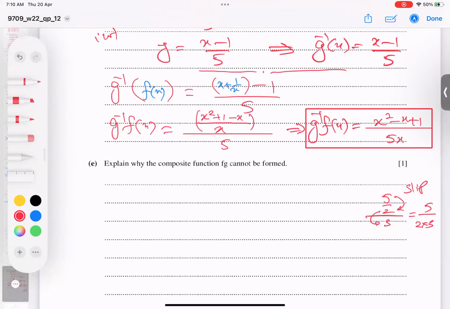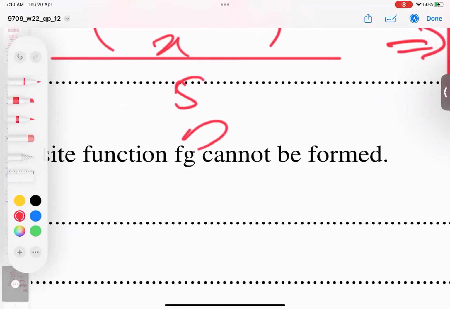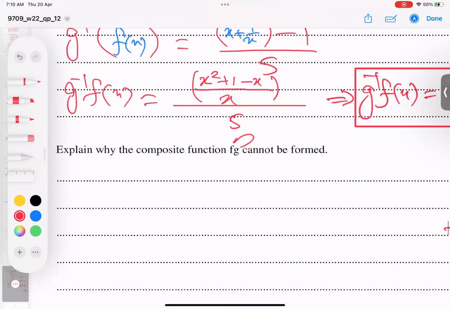Now this question: explain why the composite function fg can be formed. So actually we put the f function in g. You know what is the basic criteria? f of g of x. This is called the inner function in the bracket, and this is called the outer function.